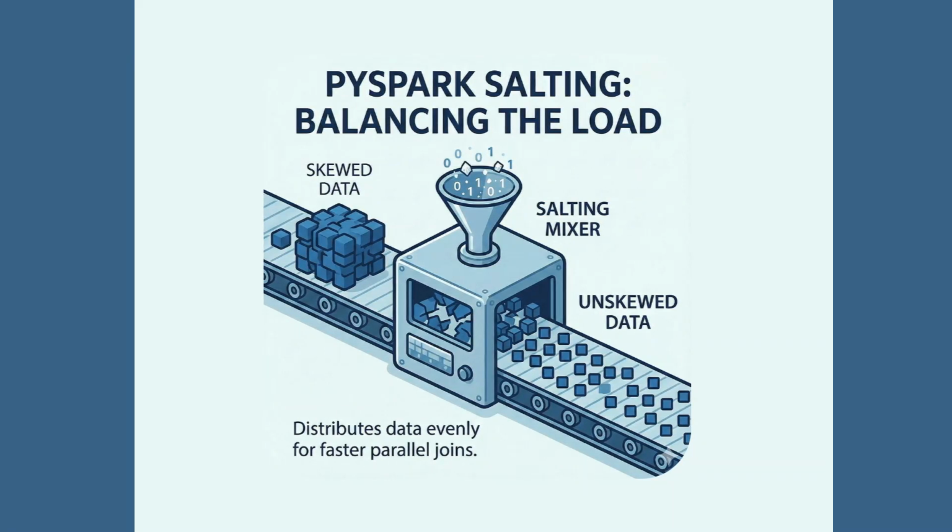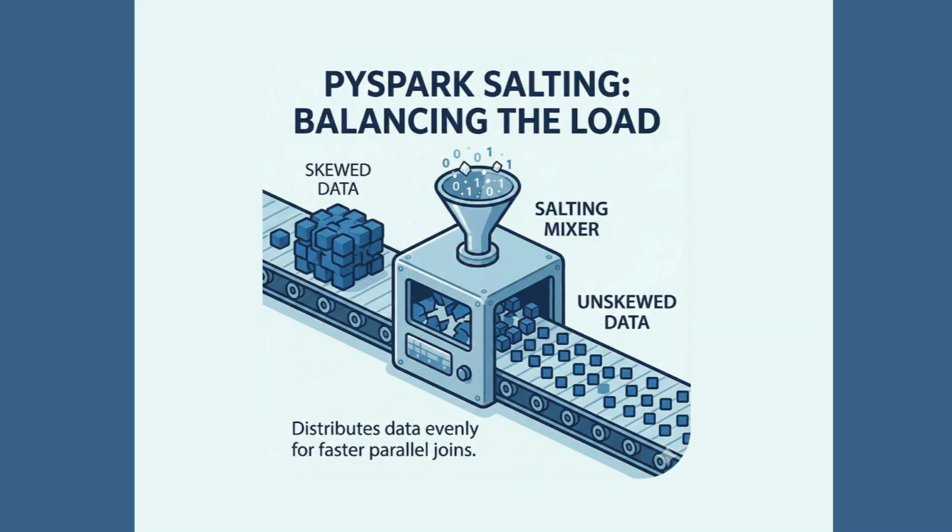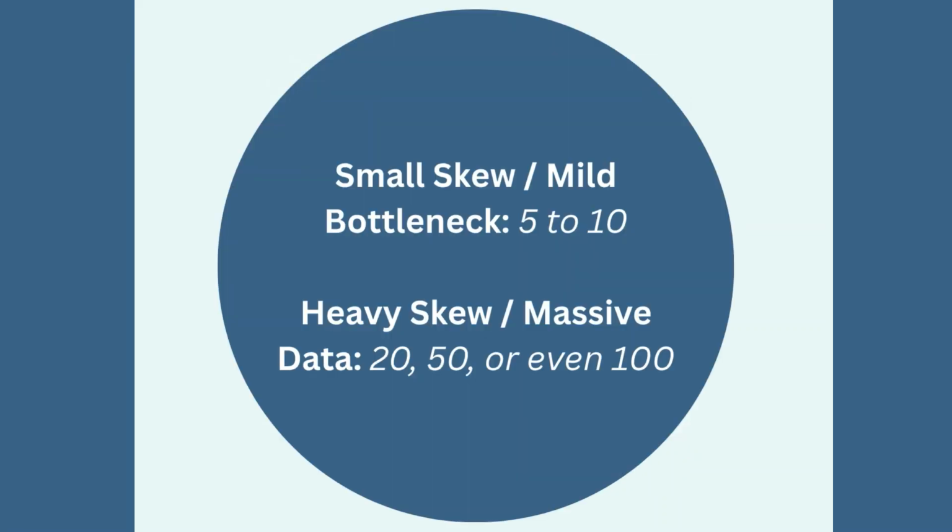Theoretically, you can set the salt factor to any integer greater than 1. These are the common values engineers use depending on the severity of the skew. For small skew, 5 to 10, and for heavy skew, 20, 50, or even 100. See, picking a salt factor is a balancing act.